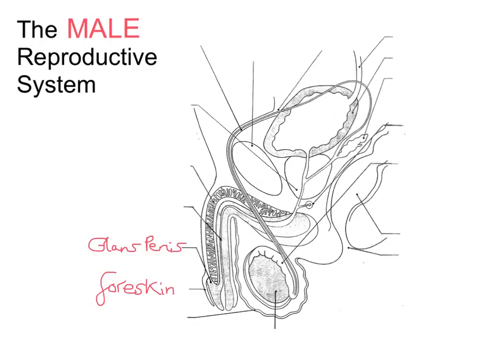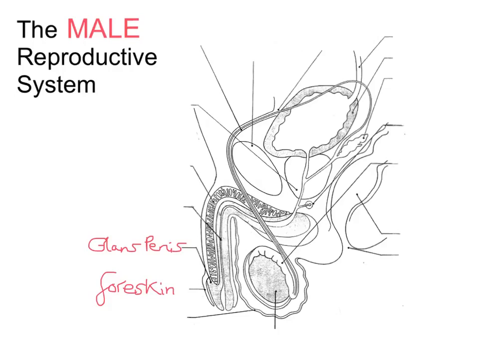Now the penis is an organ used to deliver sperm to the neck of the cervix. So in this diagram, I'm going to label all the parts and then say what their job, or jobs, ultimately are. So we've got foreskin and the glans penis in place.